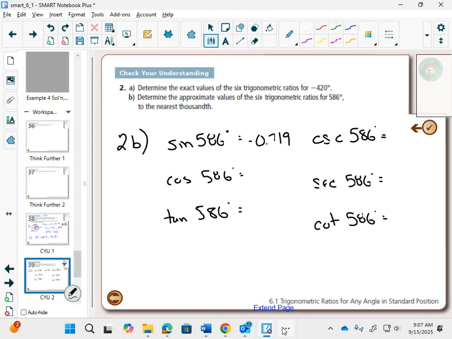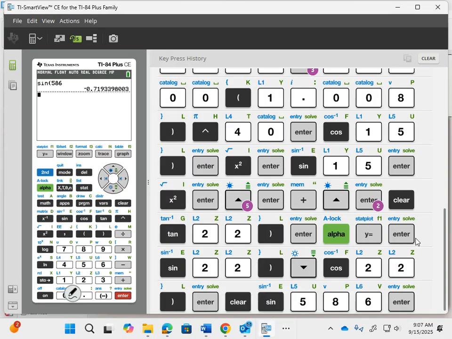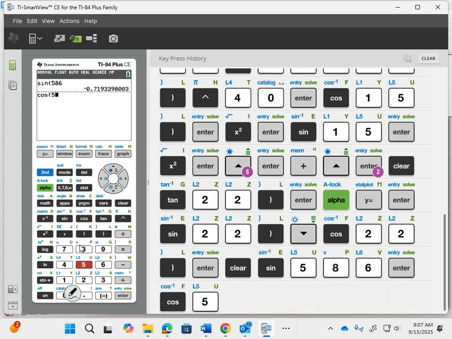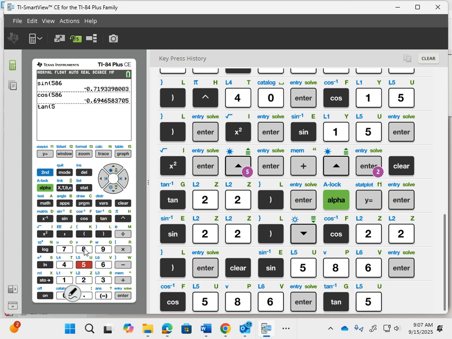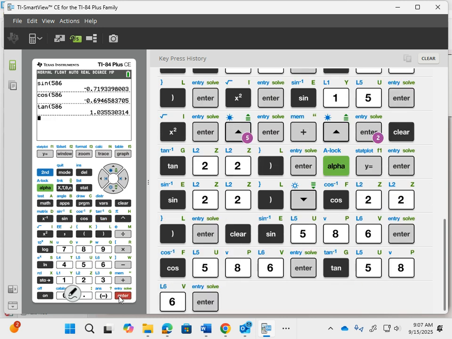We're going to do the same thing with cos and with tan. Cos of 586. Type in tan of 586 right away. Negative 0.695.